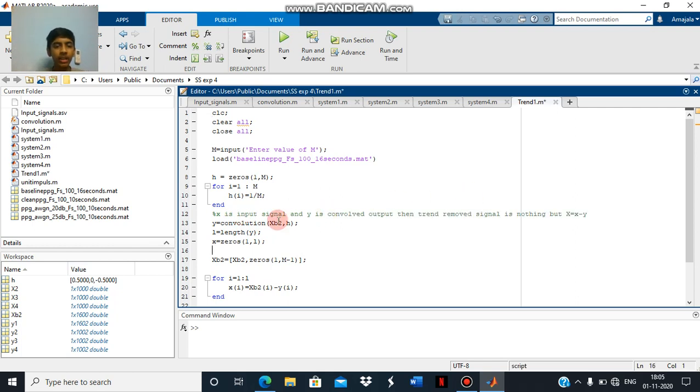So here, if X is the input signal and Y is the convolved output signal, then the trend removed signal is nothing but the input signal minus the convolved signal. As we discussed before, the first signal, baseline PPG, contains the trend line.